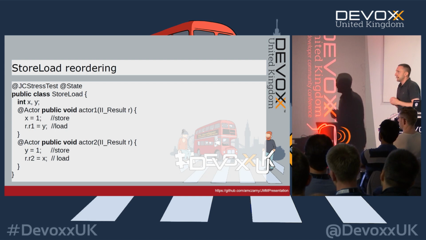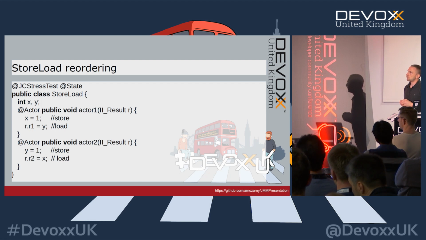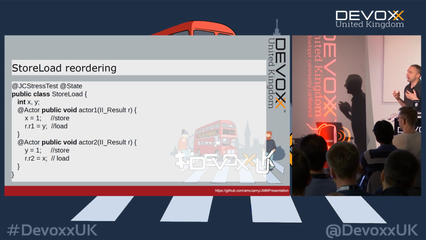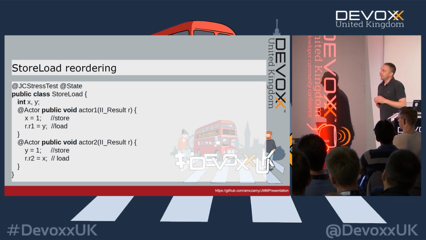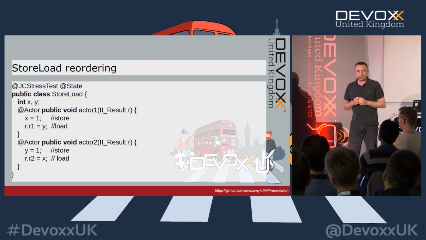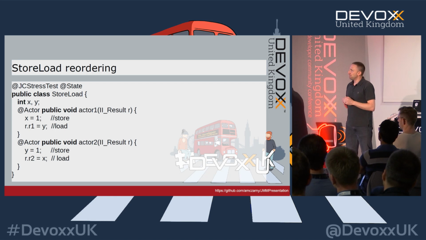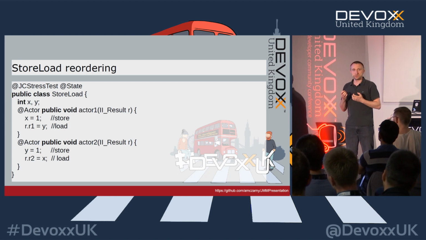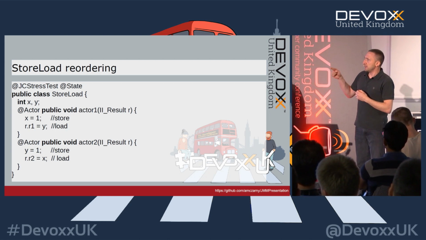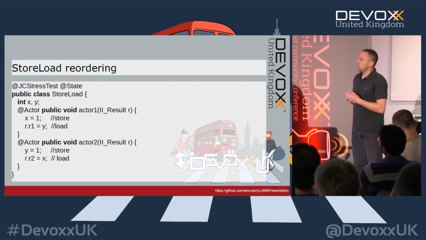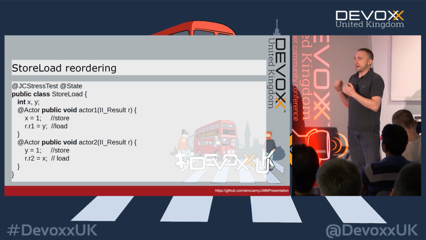If we are lucky enough and both actors are executed at the same time, then we can get 1, 1, right? What's not possible here is to get 0, 0. If you have 0, 0, it means that something has to be reordered, because every time we execute one of those threads, we've already populated X or Y.